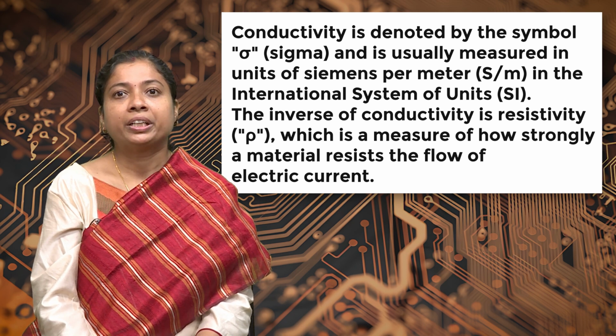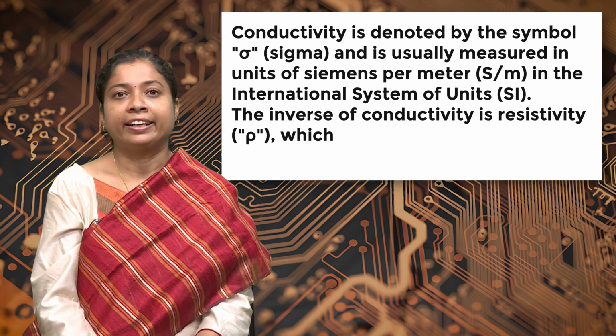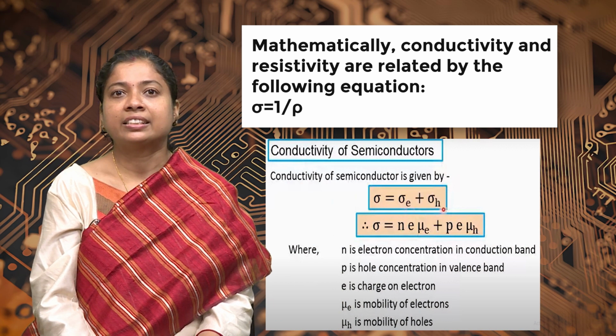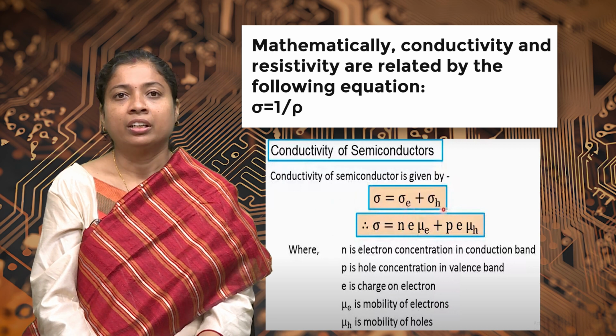The inverse of conductivity is resistivity, which measures how strongly a material resists the flow of electric current. Mathematically, conductivity and resistivity are related by the following equation: sigma is equal to 1 by rho, where rho is the resistivity.